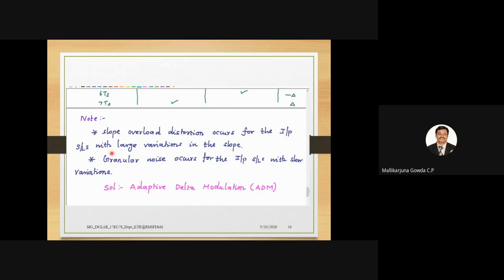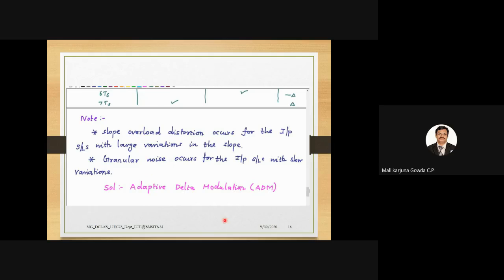To overcome the second problem, granular noise, we need to reduce the step size. So we need to increase the step size whenever there is a fast change in the input signal, and whenever there is a slow variation in the input signal, we need to reduce the step size.